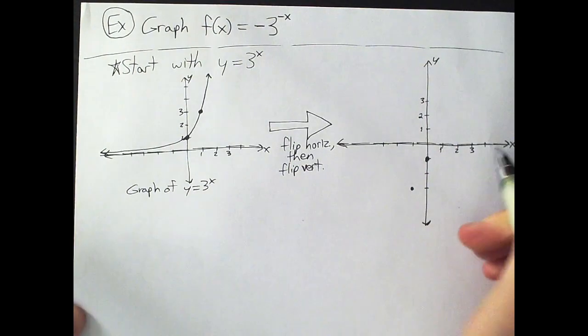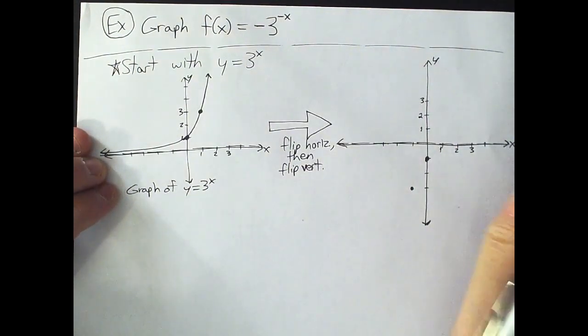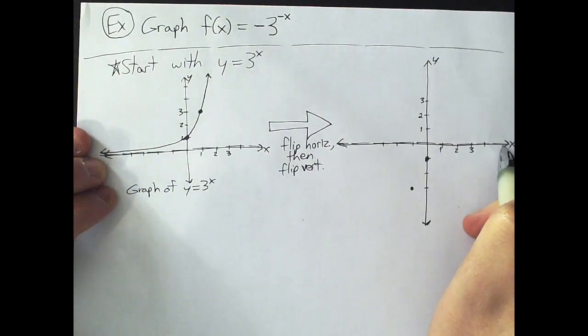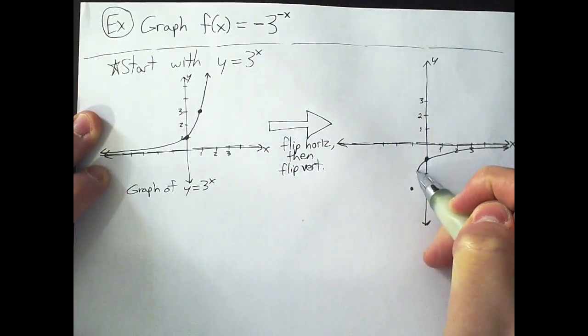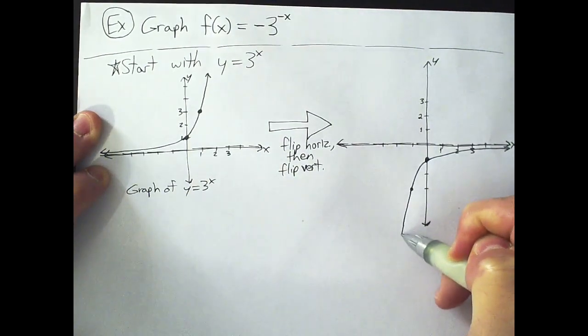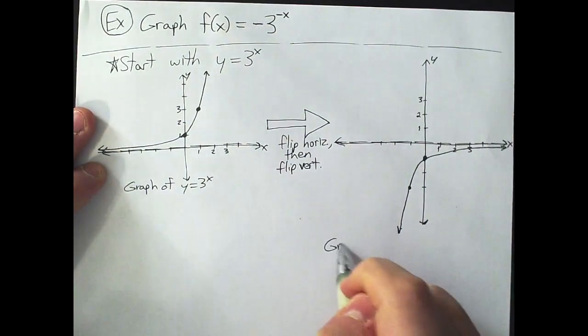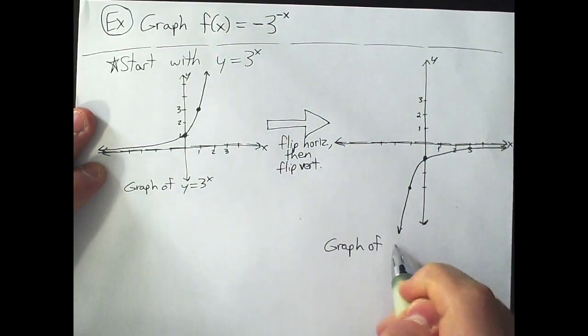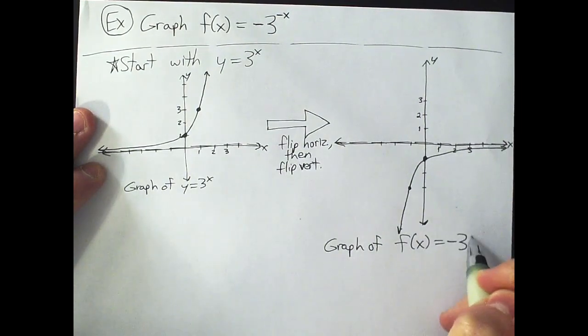But now the overall shape of the graph needs to pass through these 2 points. It also needs to approach the asymptote, but not quite touch it. So it's going to look something like this. And this is a good graph of -3 to the negative x.